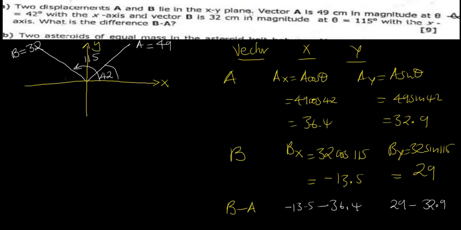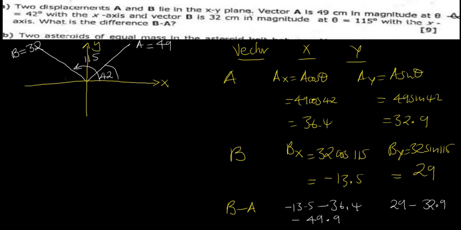People, let's punch it on the calculator if you have. Negative 49.9, okay.